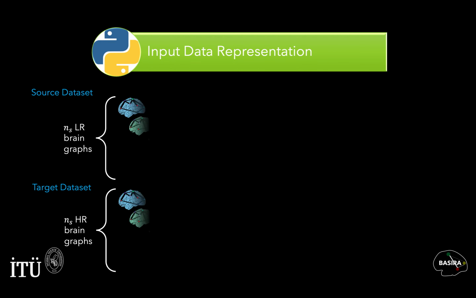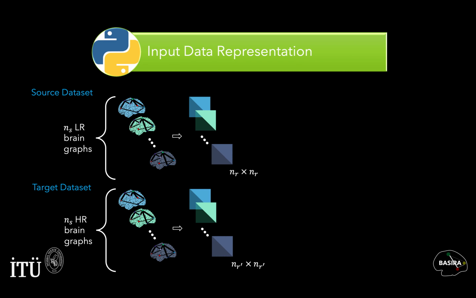TestNet expects two datasets, one for the source domain with low-resolution brain graphs and one for the target domain with high-resolution brain graphs. Each dataset has brain networks of NS subjects. These brain networks can be represented as brain matrices. The size of a brain matrix is NR times NR for the source domain and NR prime times NR prime for the target domain.